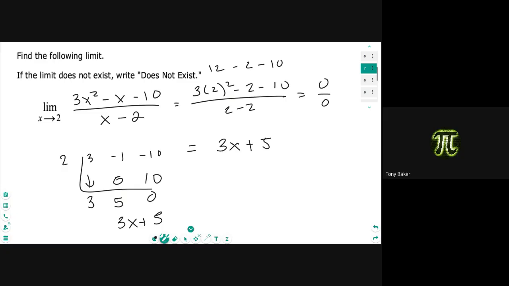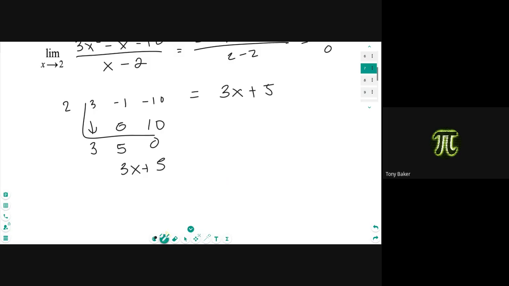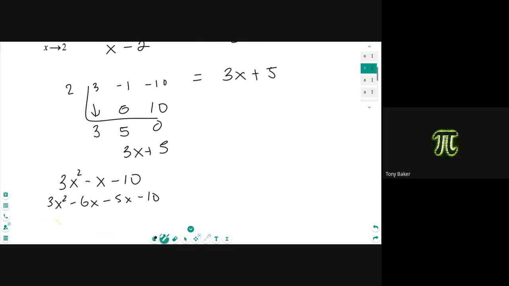Or you could factor. So we're looking for 2 numbers that multiply to -30 and add to -1. So minus 6x plus 5x minus 10. Here it is, plus 5x. I'd have caught that right as I did this one.